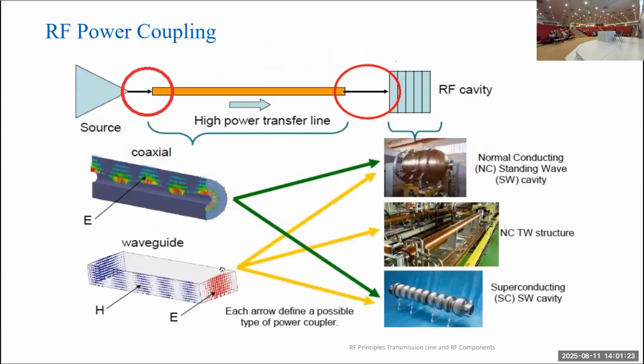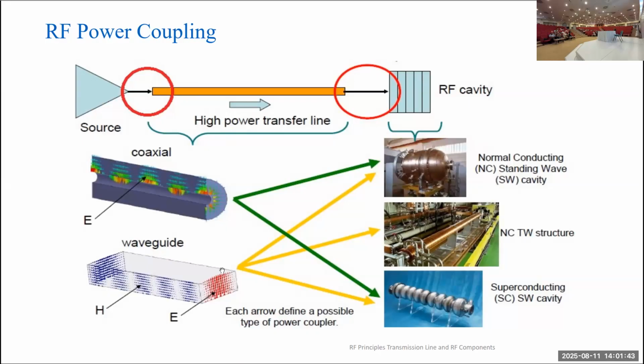Now, how can we couple this RF to the devices? Actually, there are two ways to couple RF. One is called magnetic coupling and the other is called electric coupling.